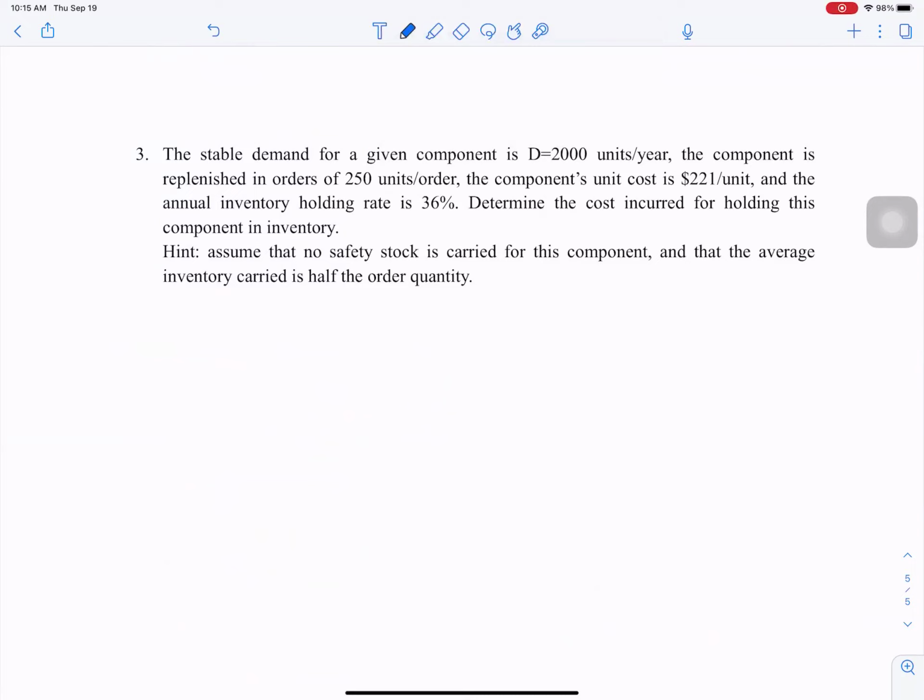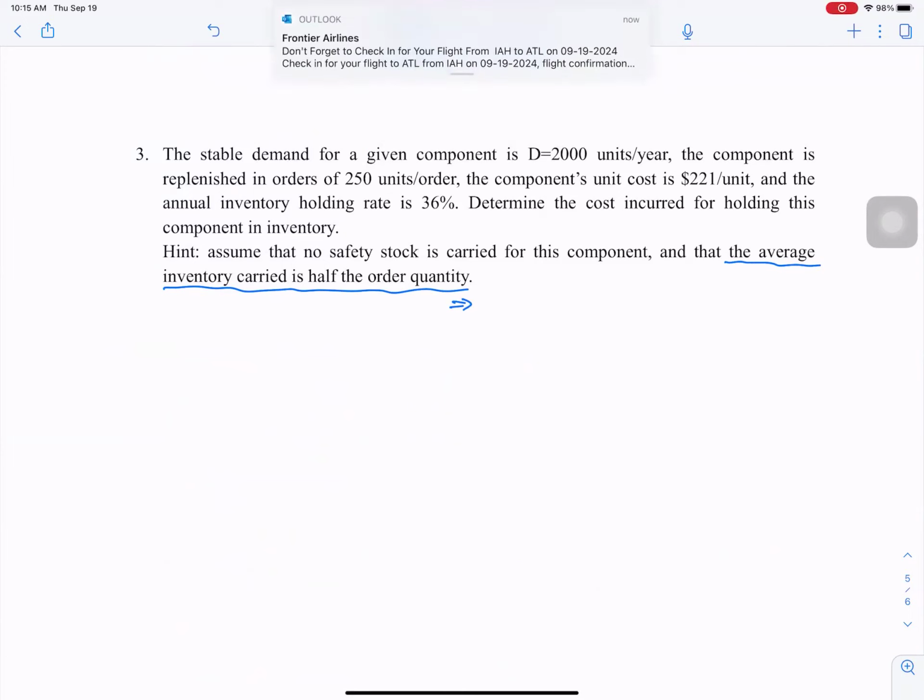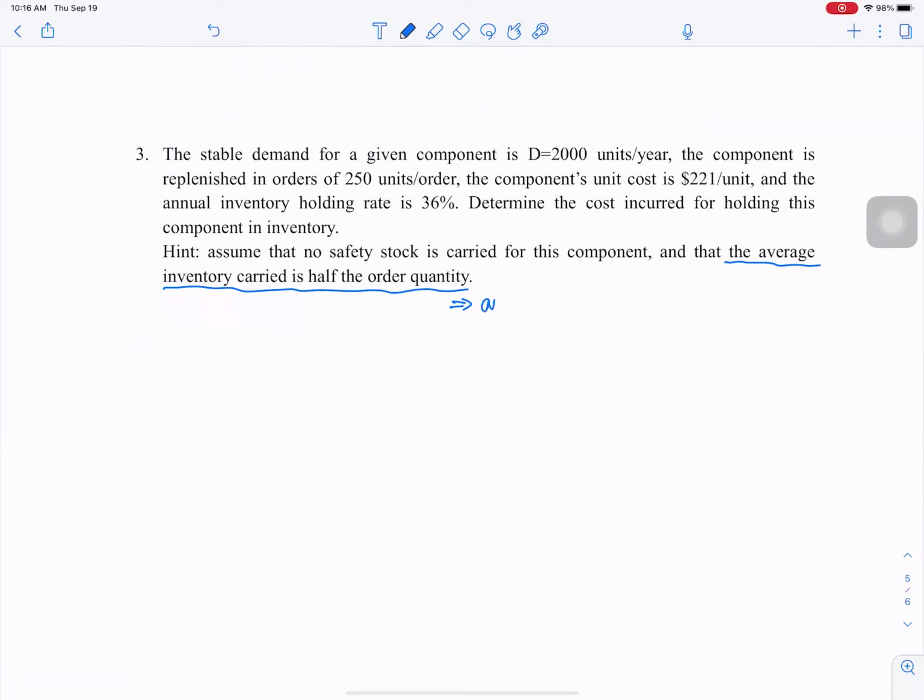And that the average inventory carried is half of the order quantity. So by this sentence, we know that the average inventory carried equals half of the order quantity.